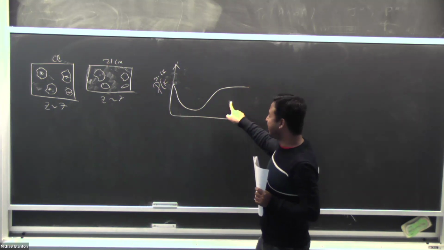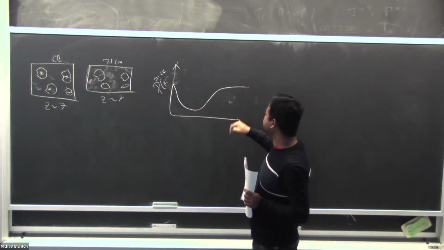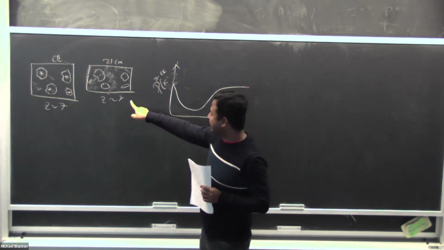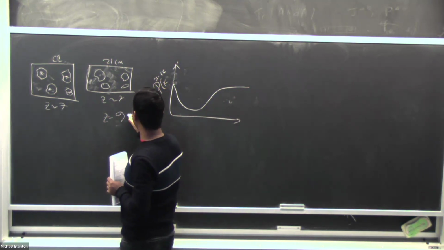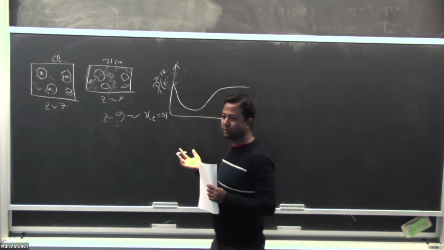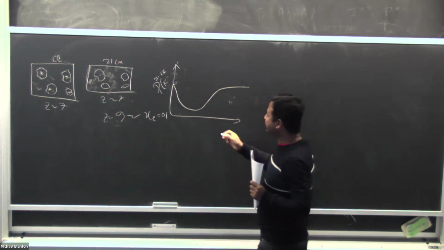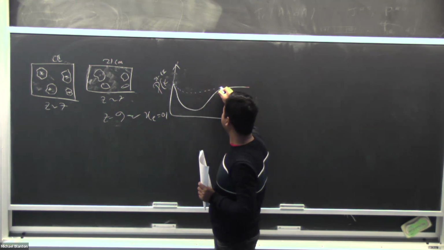And this signal is very interesting in the sense that we can do tomography with it. Because if I go to high redshift, let's say z equal to 9, probably the universe had x equal to 0.1, so maybe 10% of the universe was ionized. Then the signal will behave in a different way. The amplitude will be low.